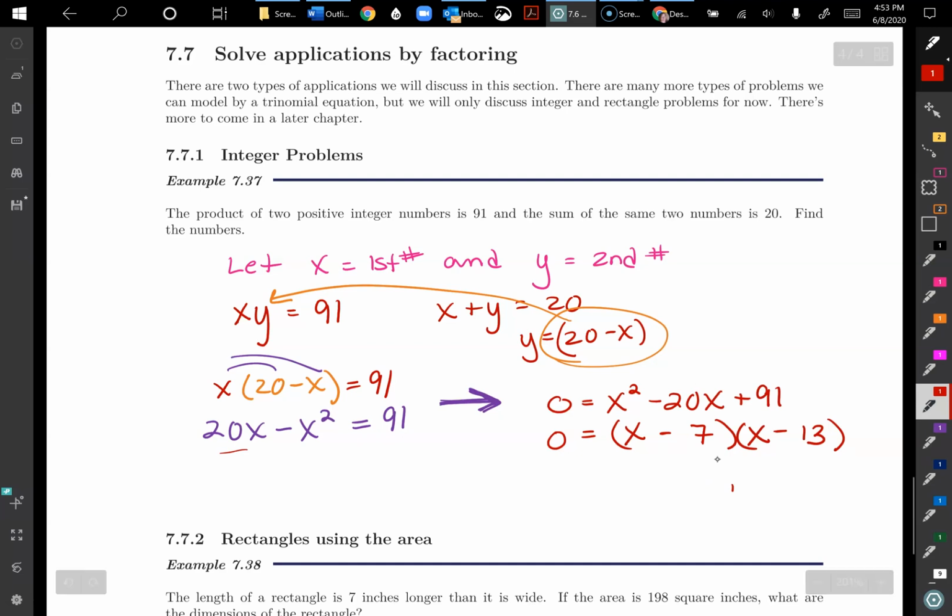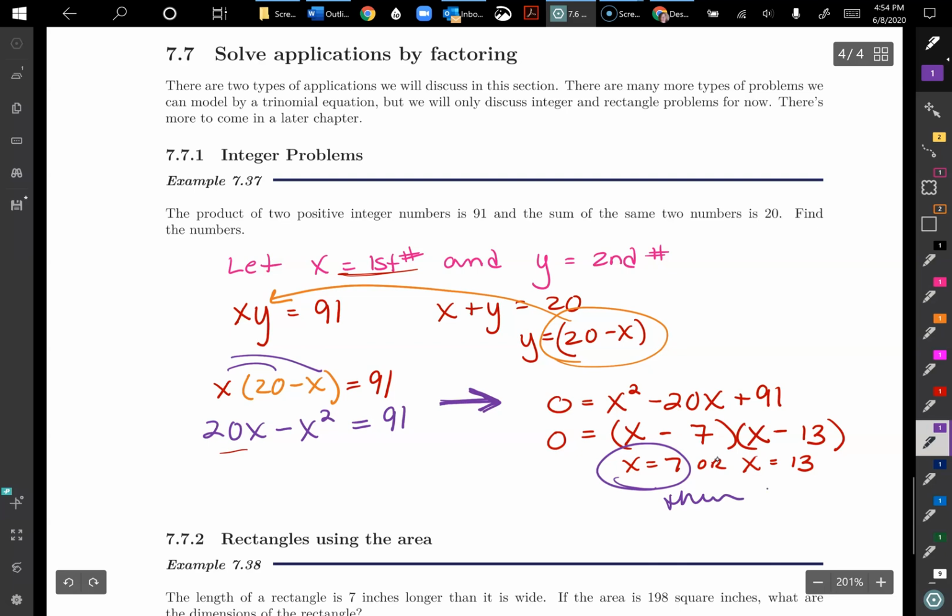And then my solution would be x equals 7 or x equals 13. So I set it so that x would be my first number. It can't actually be both. So I'm just going to say, since it's an or, x equals 7. So if x is 7, then y equals 13 because y is 20 minus x, right? So that's going to be my 13.